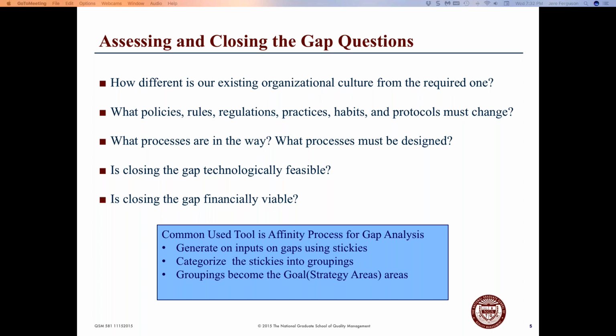The one that kind of stuck out was how different the existing organizational culture is from the required one. Yes. And the thing is, we have a lot of diversity in our plant. Not only in terms of ethnicity, but also in age and skill set, more so in terms of computer knowledge.